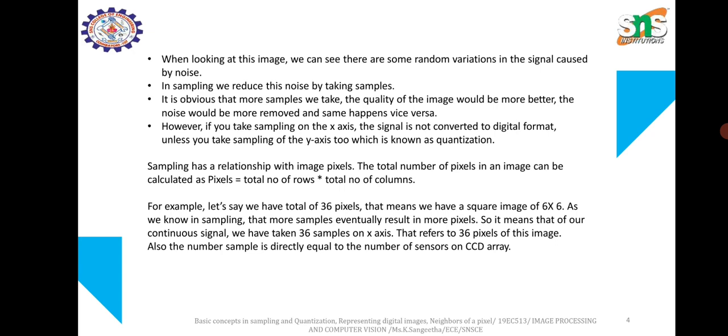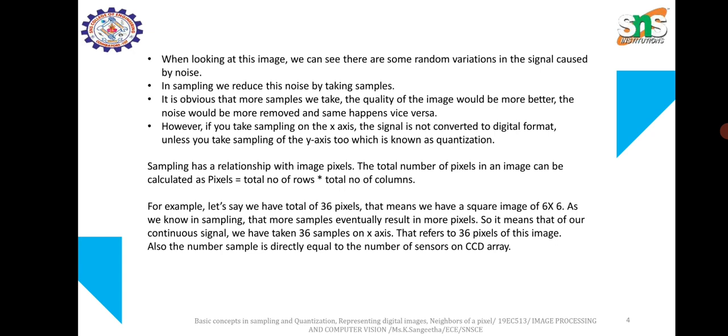Sampling has a relationship with the image pixels. The total number of pixels in an image can be calculated as pixels equal to number of rows times number of columns. For example, if we have a total of 36 pixels, that means we have a square image of 6 by 6. Thus we know in sampling that more samples eventually result in more pixels.